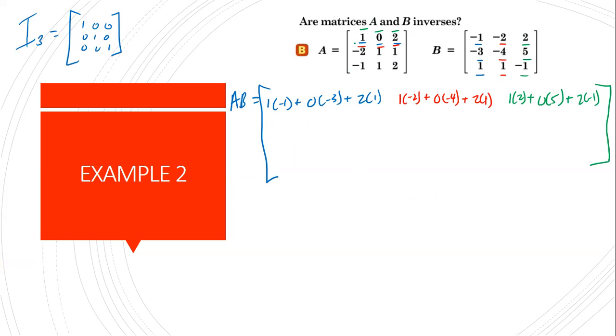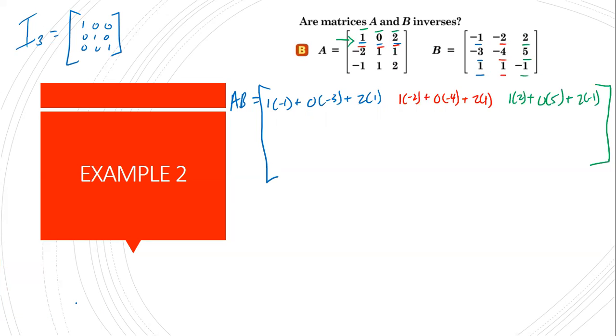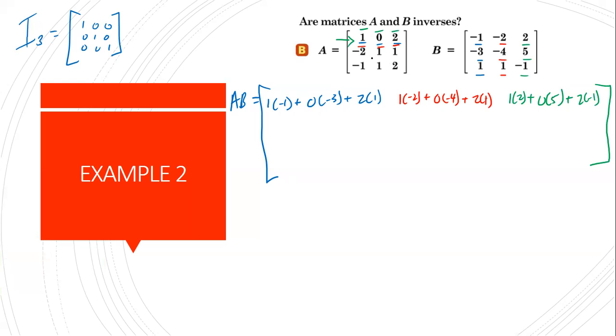Okay, remember we talked about once you've completed the first row, the following rows just follow the pattern, right? I'm going to do it in black. So I'm using -2, 1, and 1.